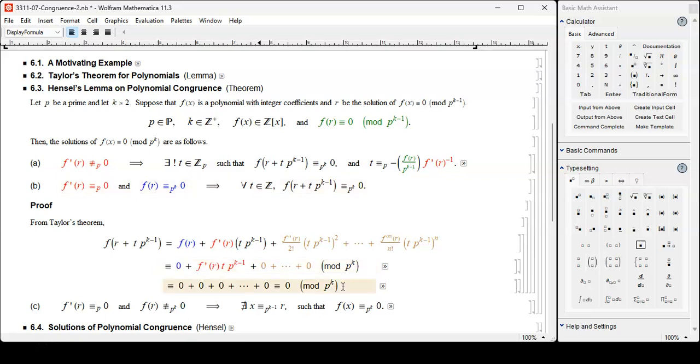So yes, all 0 for any t. So we have multiple solutions. t can be anything, but of course, we are working up to p to the k minus 1 power, so t will be 0, 1, 2, 3, 4 up to p minus 1. So there are p solutions for a given r.